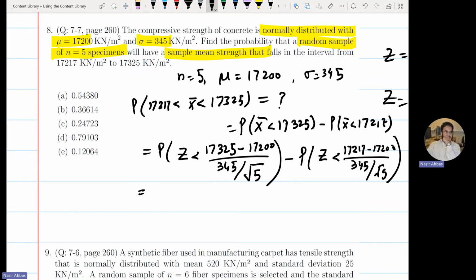So this gives us probability of Z less than 0.81 minus probability of Z less than 0.11. Now we go where?